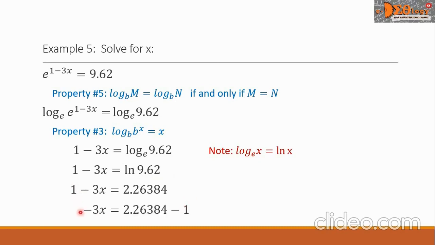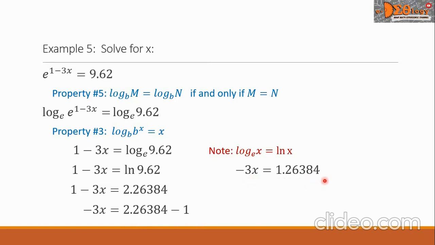So we have now negative 3x equals 2.26384 minus 1. See here, the positive 1 becomes negative 1. To simplify further, we will get the difference of the two numbers here.